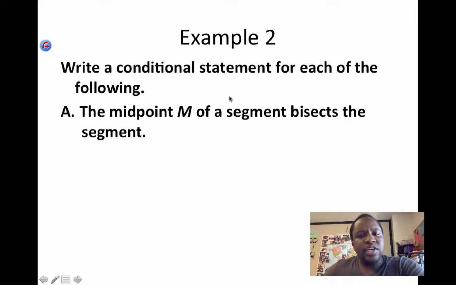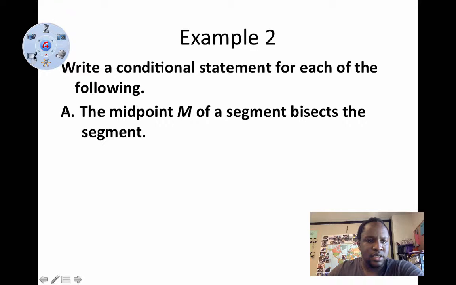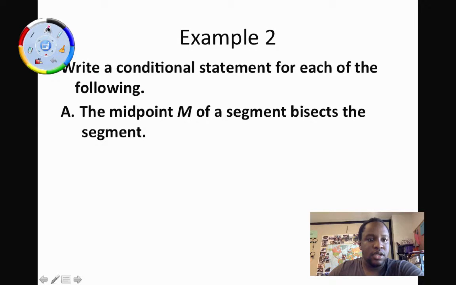Now, write a conditional statement for each of the following. The midpoint M of a segment bisects the segment. Okay, so let's first identify the hypothesis. So the hypothesis would be the midpoint M of a segment.